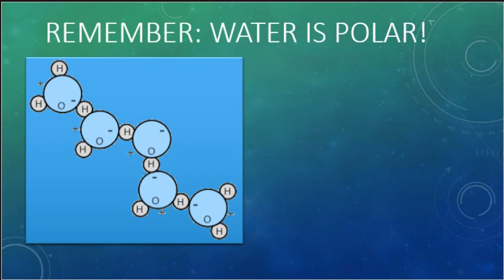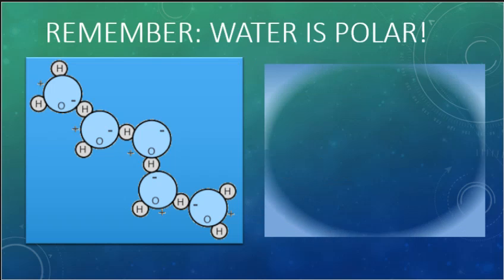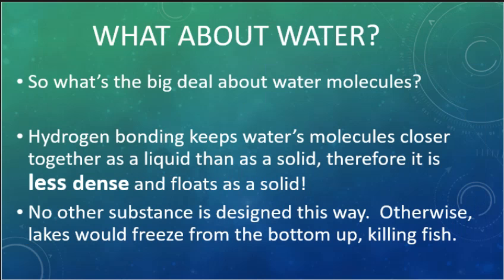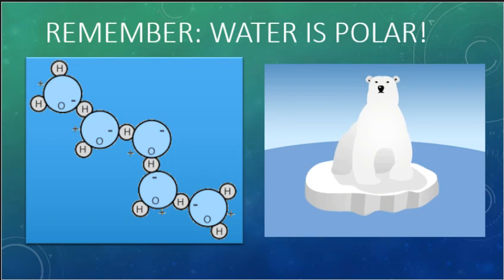Okay. All right, we're going to talk about water. Remember, it's polar. Here's our polar bear. All right, so remember what that means. It has those partial charges on it. So what's the big deal about water molecules? Well, it turns out that hydrogen bonding keeps the water molecules closer together as a liquid than as a solid. Since we have these bonds formed between the positive H and the negative O, we form these little bonds called hydrogen bonds.